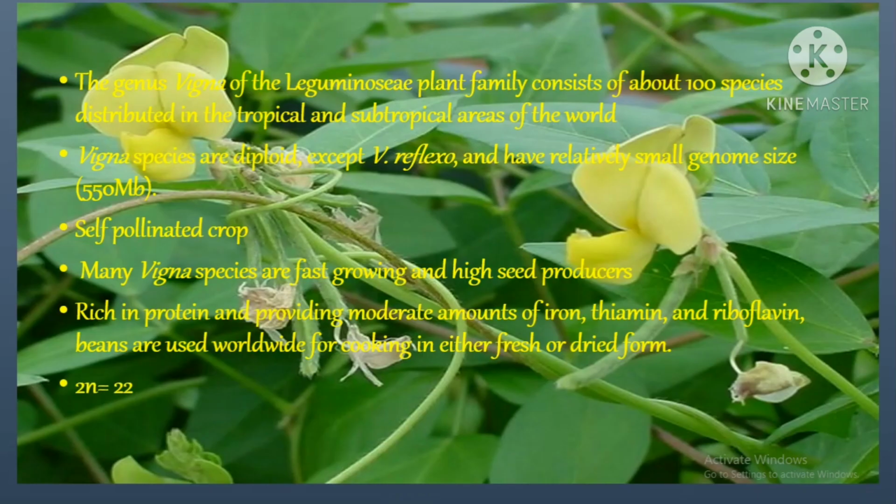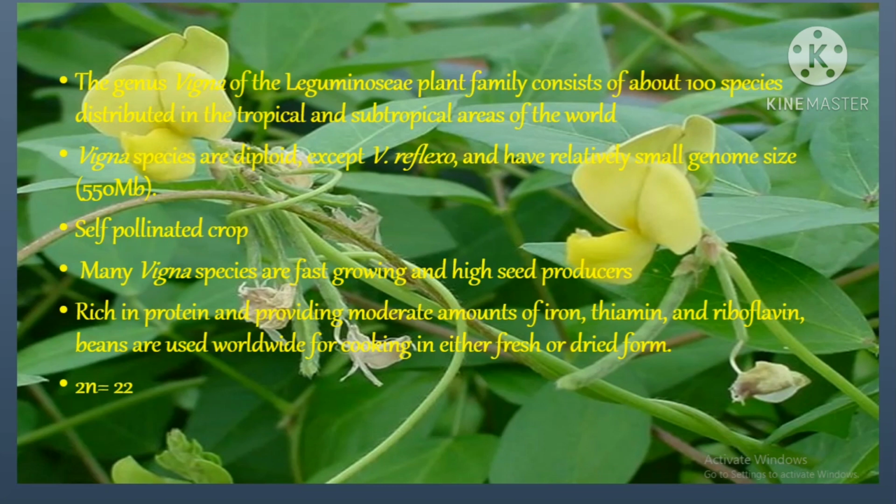The genus Vigna of the Leguminosae plant family consists of around 100 species distributed in the tropical and subtropical areas of the world. Vigna species are mostly diploid crops except Vigna reflexo-pilosa and have a relatively small genome size, that is 550 megabase pair.